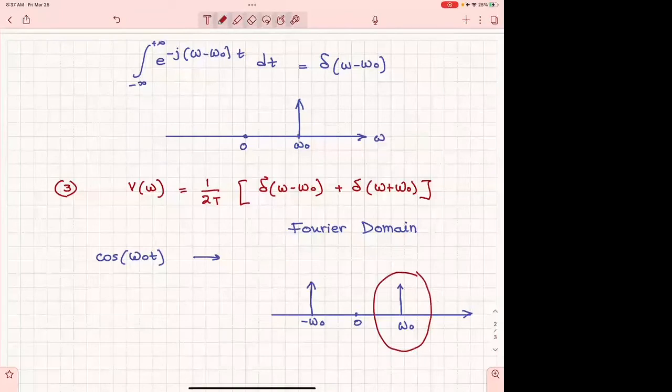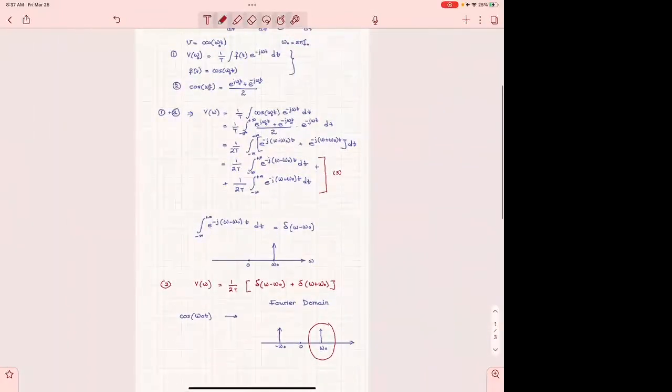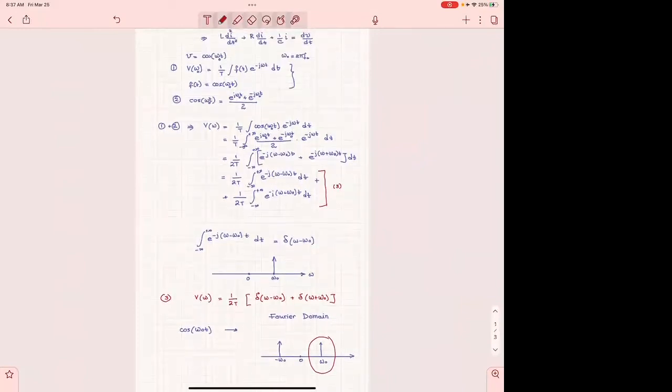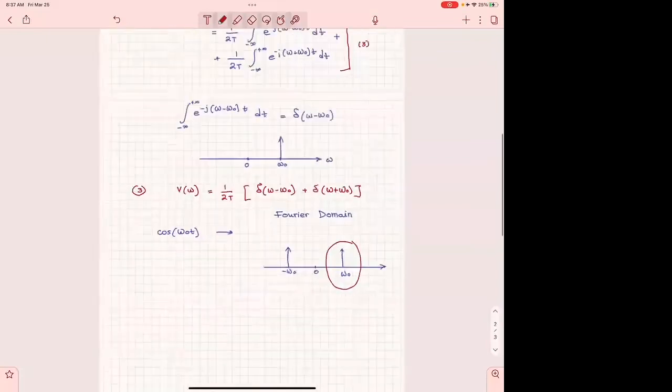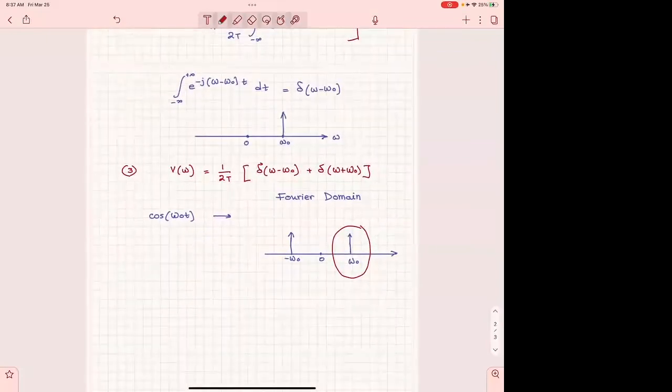So what does that mean? That tells us that people knew from mathematics that if I have a harmonic excitation, in the frequency domain, it gives me only one frequency, omega naught.